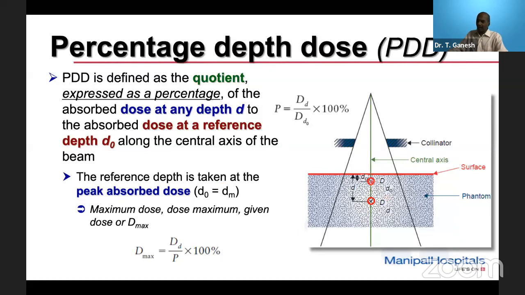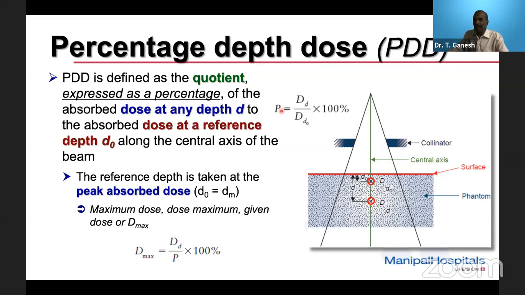Now, when this reference depth is taken as the peak observed dose, that is when D0 is taken at D max, where the maximum dose occurs, then that is the percentage depth dose. Many times we call this reference depth the maximum dose, dose maximum, given dose, or simply D max. So the dose at this reference point, we call it by either one of these names.